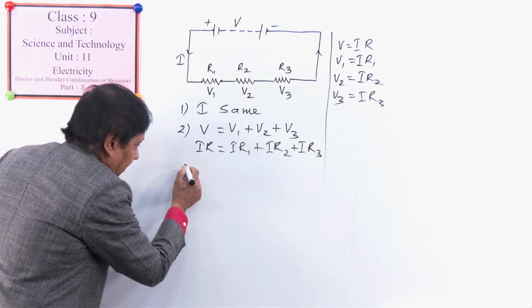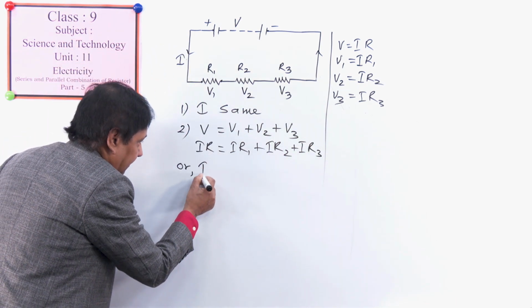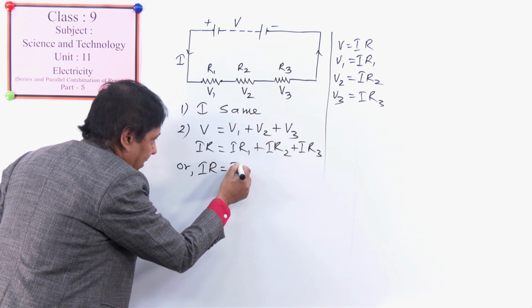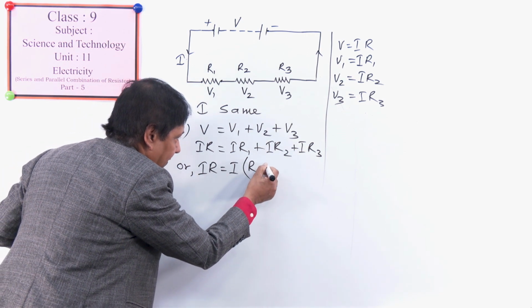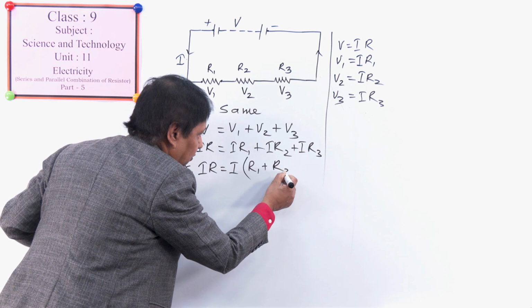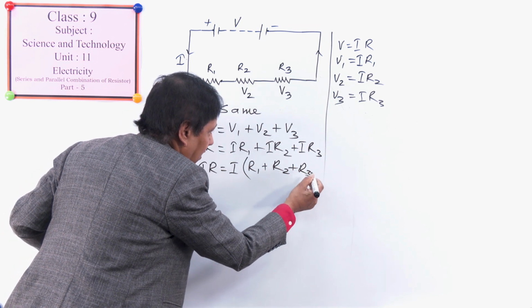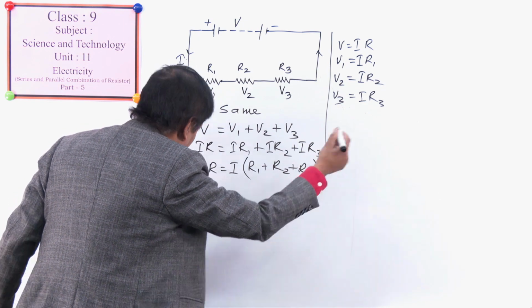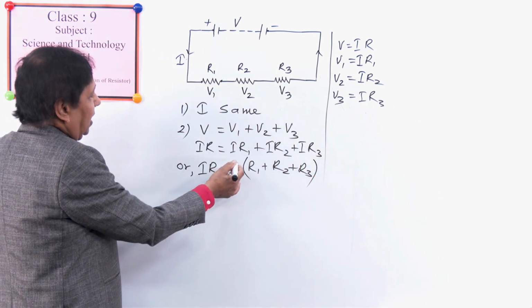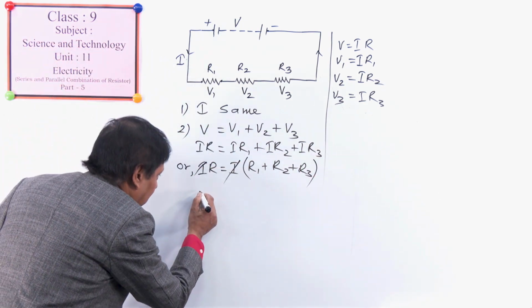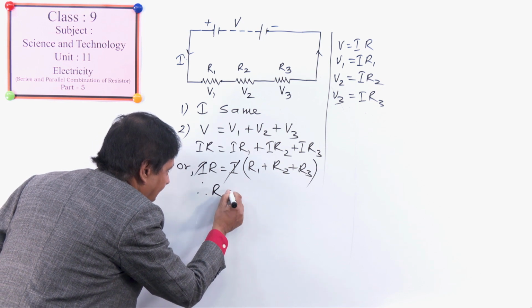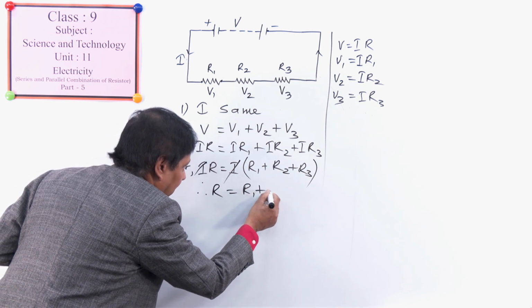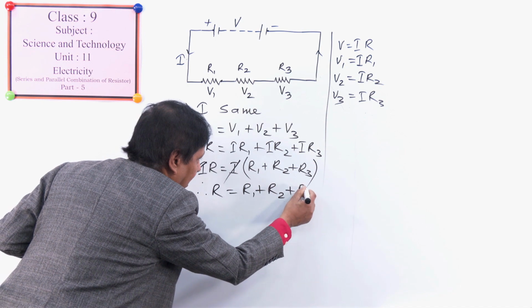Now, if we take I as common, then we will have R1 plus R2 plus R3. If there are other resistors, then that also comes after plus R4, R5, etc. Now, I is cancelled. Therefore, our conclusion is R is equal to R1 plus R2 plus R3.